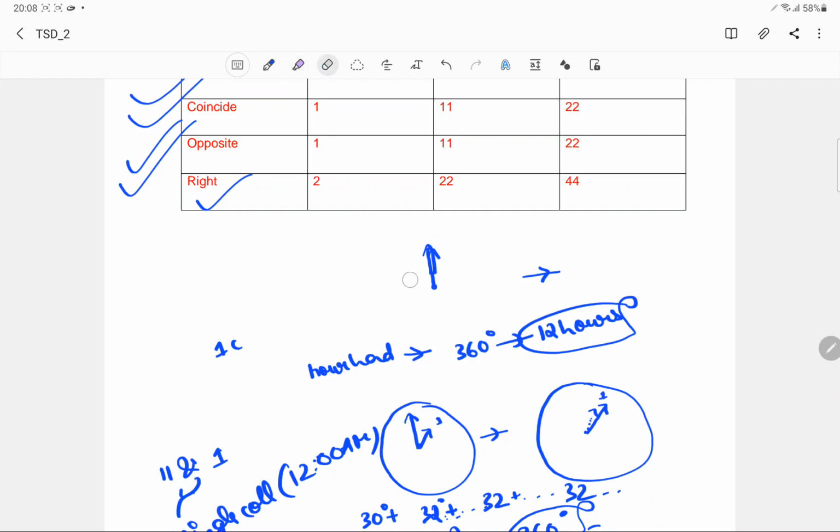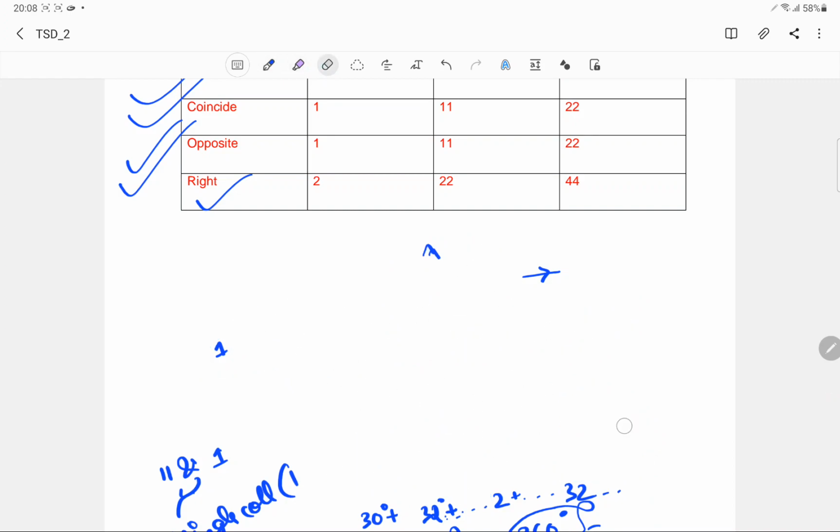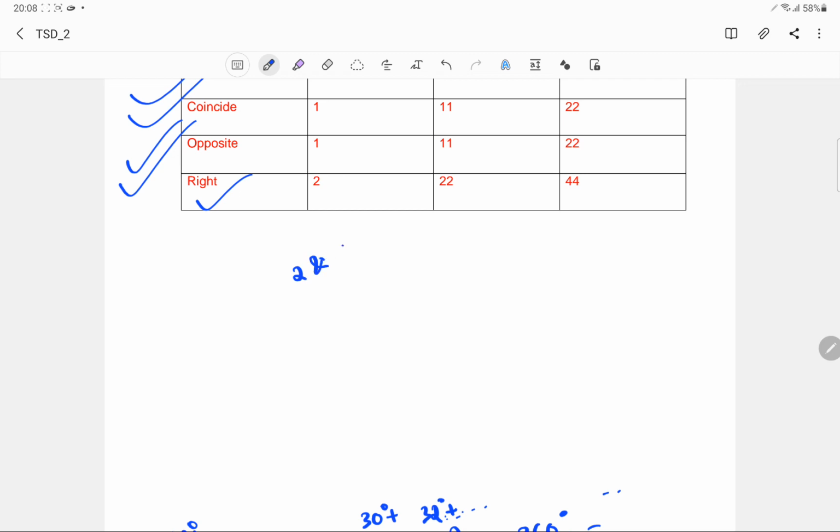Actually what happens is, see, what we expect is that between every hour there should be the formation of two right angles. But actually, between 2 and 4 o'clock, and between 8 and 10 o'clock, one angle is actually common between them.